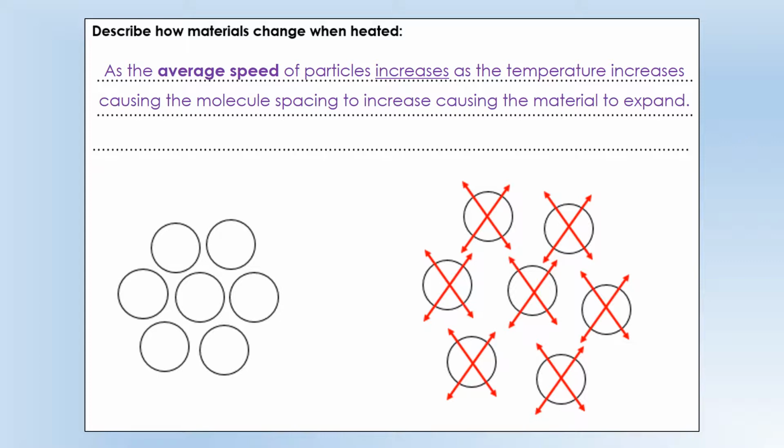But the key thing to note between the two models is the atoms stay the same size. So a lot of people get this idea in their head that when you heat something, it expands. So they think atoms themselves must expand, but no, it's the actual spacing that expands. The atoms stay the same size.